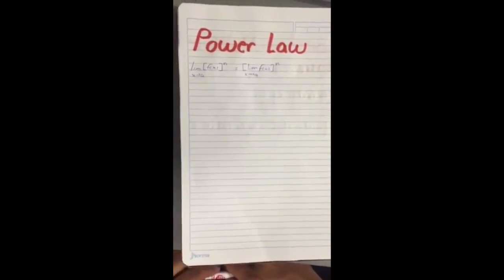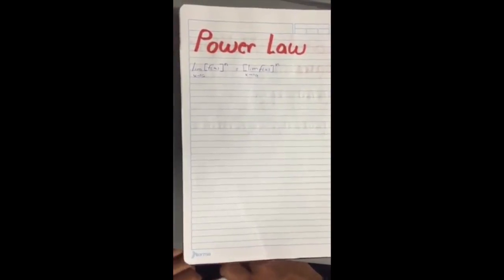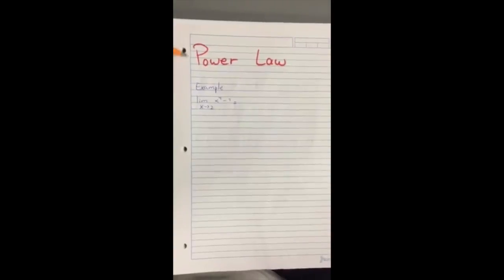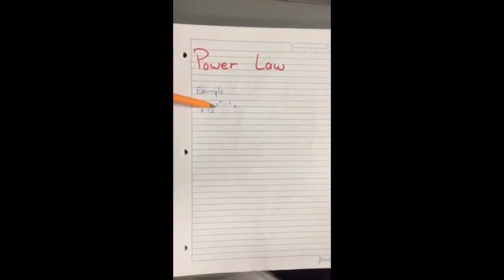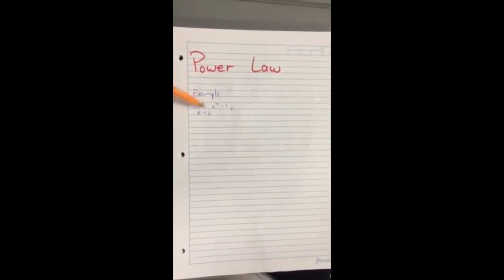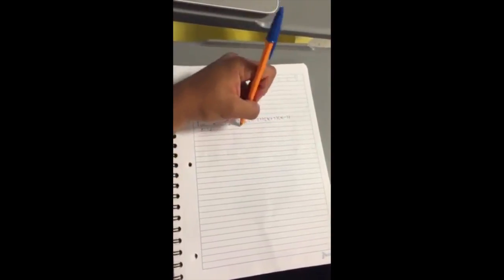Power law. The limit of a positive integer power of a function is the power of the limit of the function. In this example, for the power law, we have the limit of x to the 4th minus 1 when x approaches 2. So now we have to factorize, and we will get x squared plus 1 times x plus 1 times x minus 1 when x approaches 2.